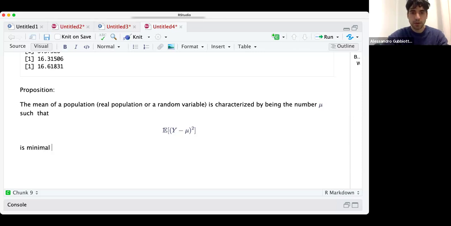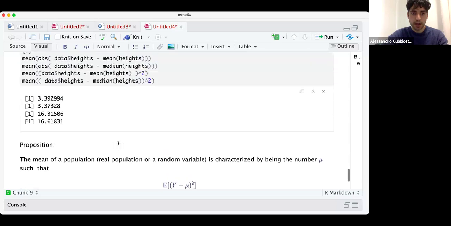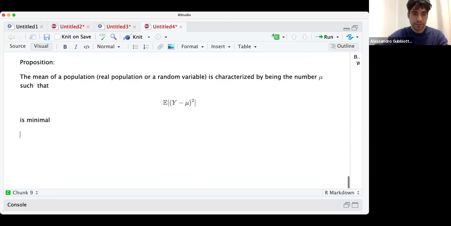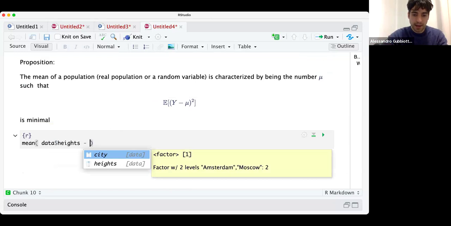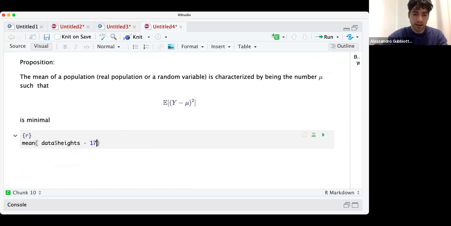So if we compute this quantity with any other number, we can do this again. We can take the mean of beta heights minus whatever number, let's say 175, to the power of 2.